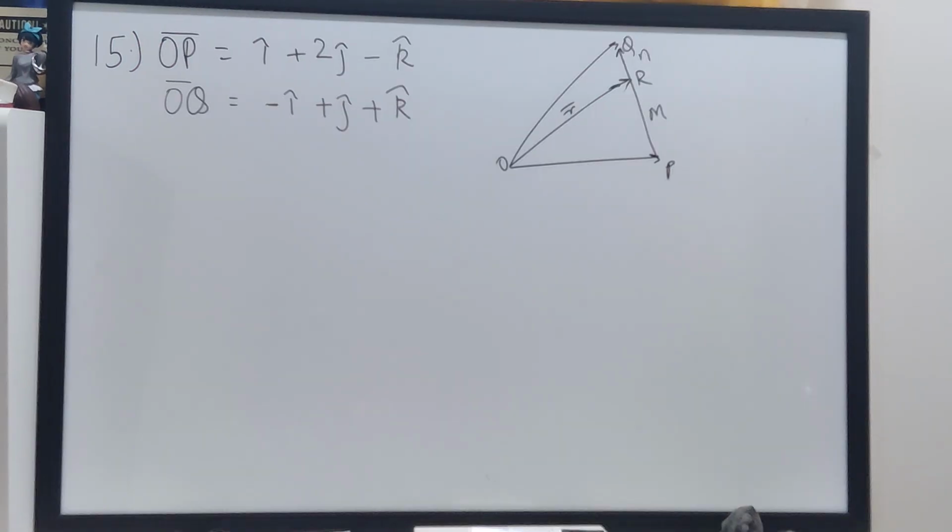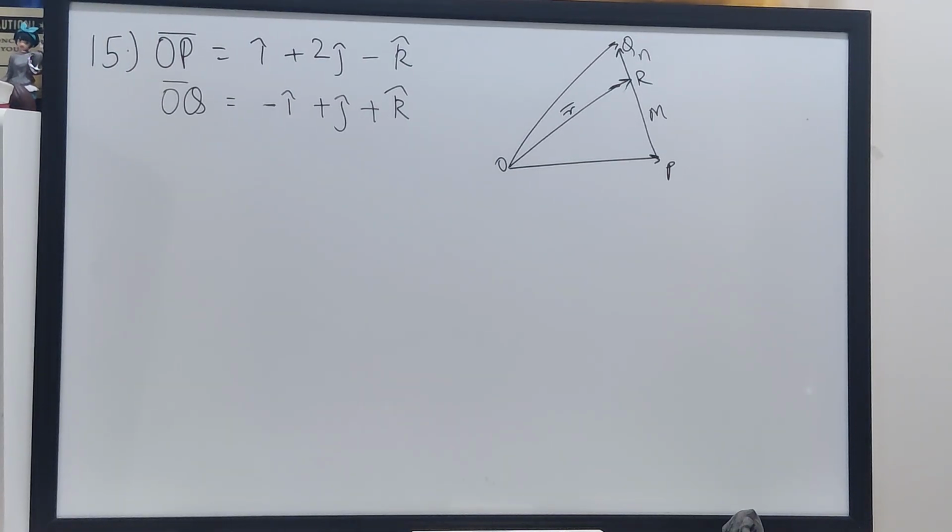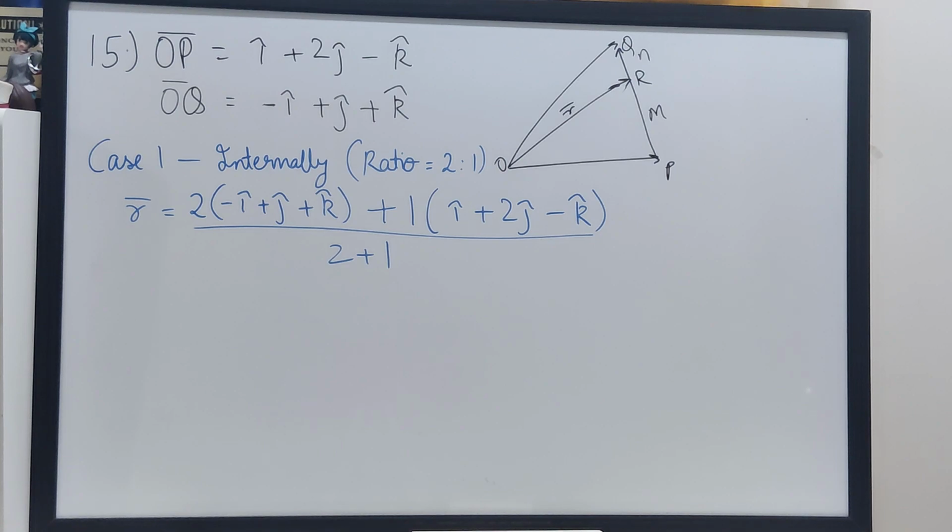Next question, OP and OQ are given and you are given the ratio in which the vector OR divides PQ, and the ratio is 2:1, and you already know the formula from the previous video. If you don't remember, please click the link in the description below to understand how this formula came.